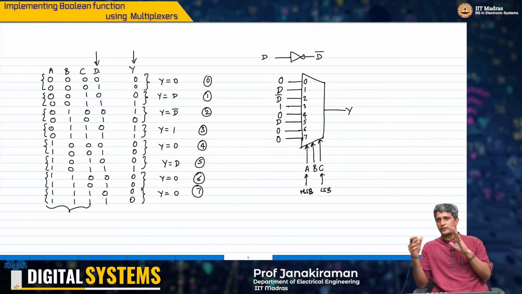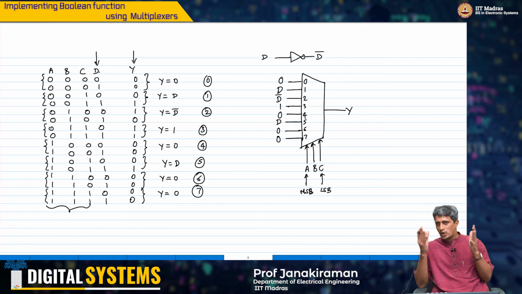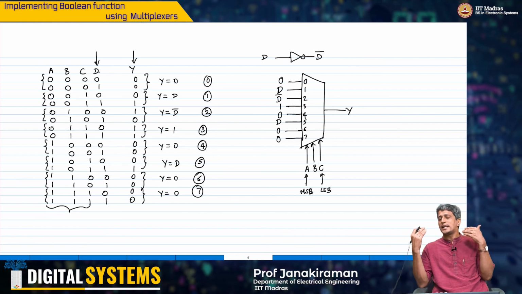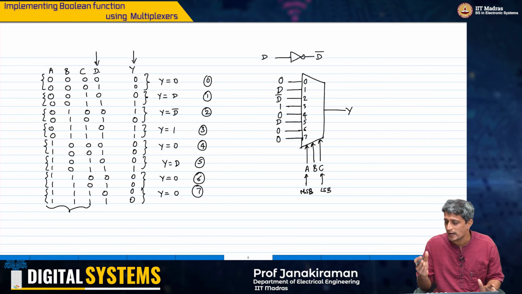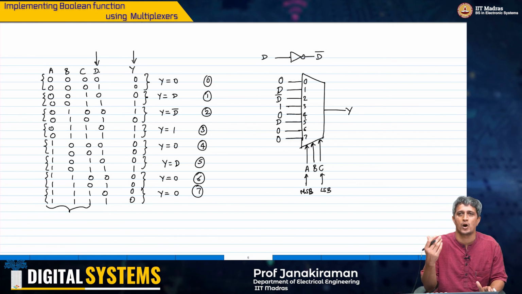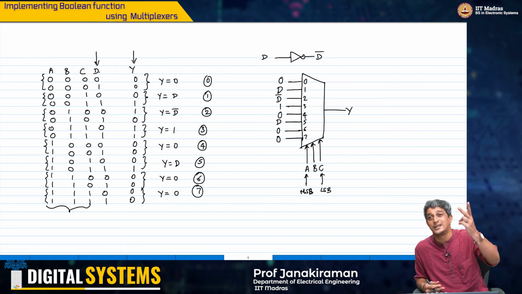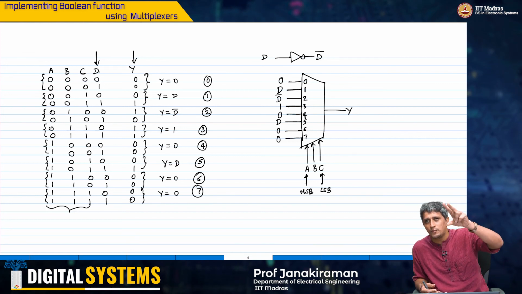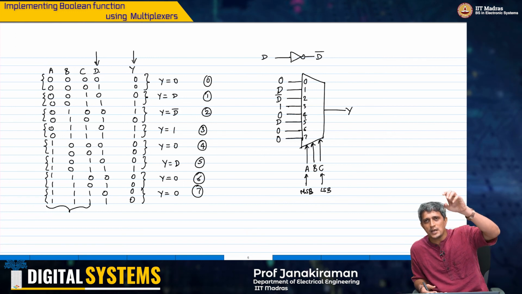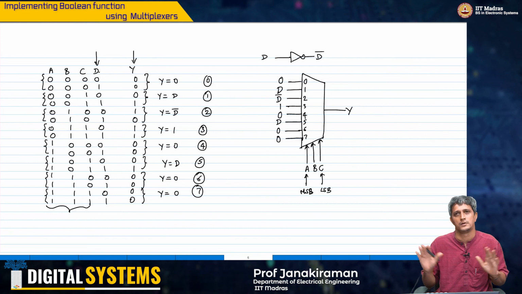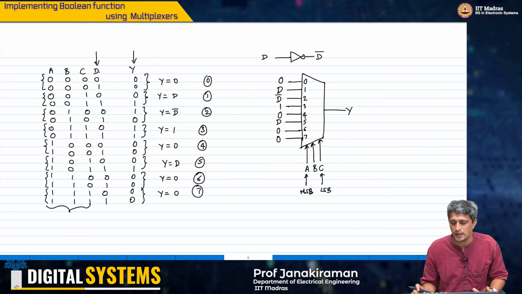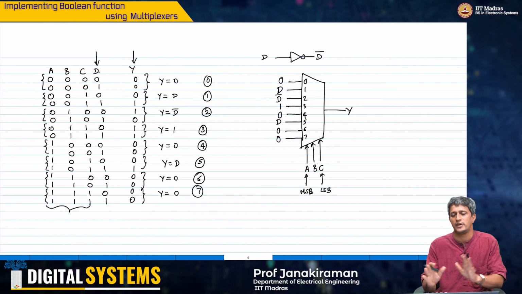Like in this case, it was a 4 variable function we wanted to implement, and we were able to implement it with an 8:1 multiplexer. The only difference is that instead of tying the inputs to just 0 or 1, we had to tie them to 0, 1, or the other input that we left out, either directly or its complement. And we were able to implement the arbitrary Boolean function very nicely.